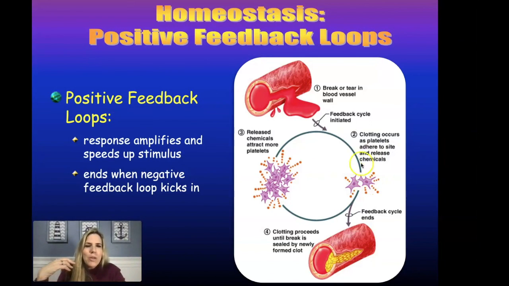And so those platelets are going to start sticking to each other, and they're also going to release chemicals that recruit other platelets to come stick together as well. Well, the more that are activated by the chemicals, the more will release chemicals. And so you start getting this cascade where the more clotting you have, the more clotting you're going to get. And so that keeps going.